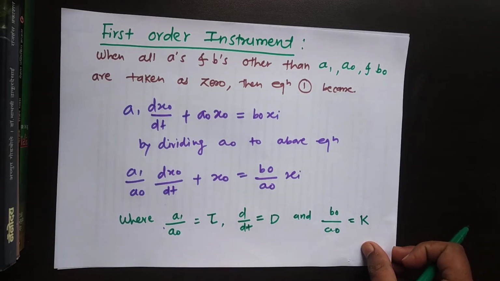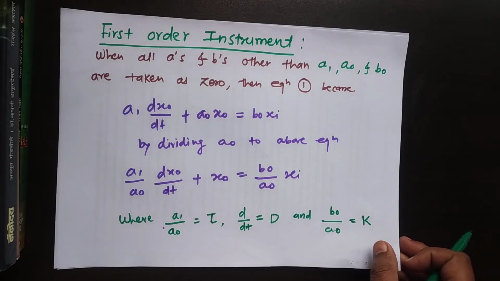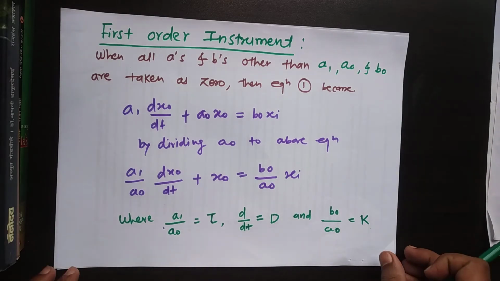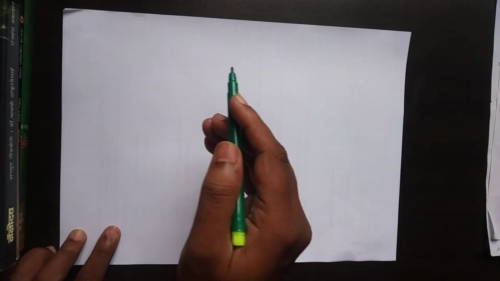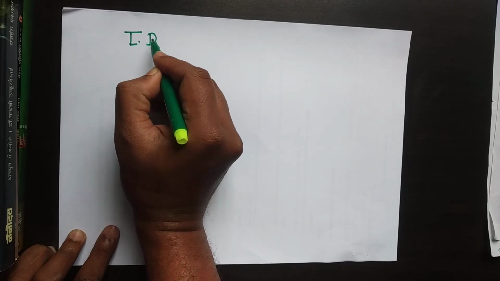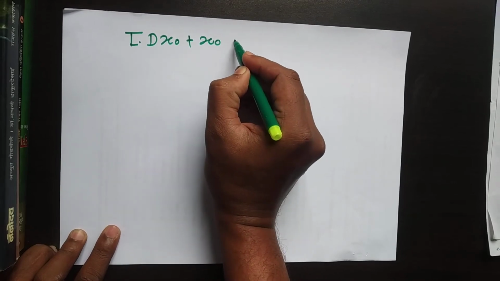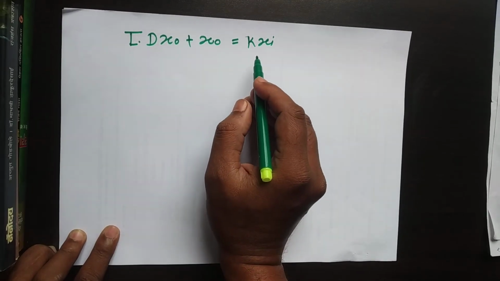Based on equation 1, we have derived this quantity for the first order instrument. With some mathematical manipulation we can simply write this equation as tau D x0 plus x0 equal to K xi.